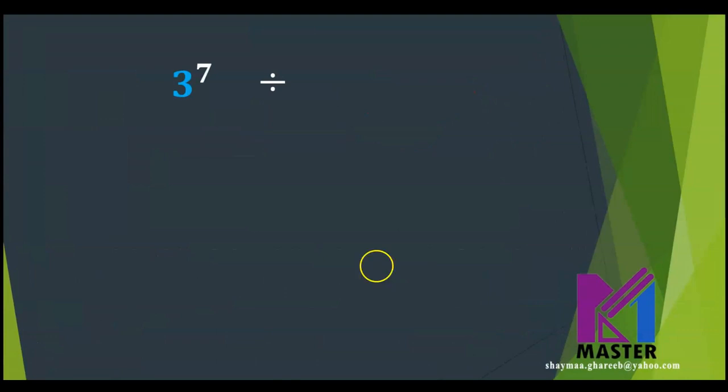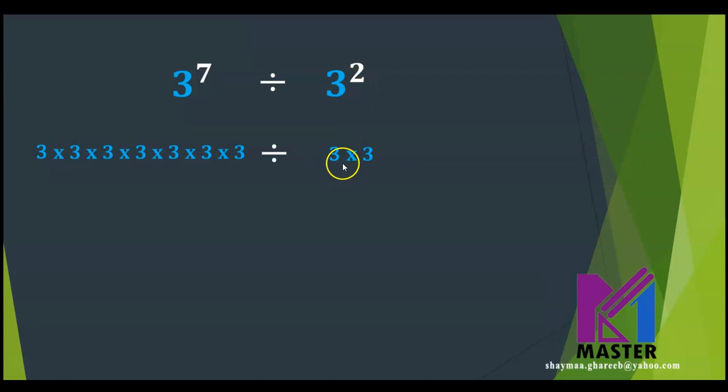Look at this example here. 3 to the power of 7 divided by 3 to the power of 2. I can write 3 to the power of 7 as 3 times itself 7 times, and 3 to the power of 2, or 3 squared, as 3 times itself 2 times, or 3 times 3.